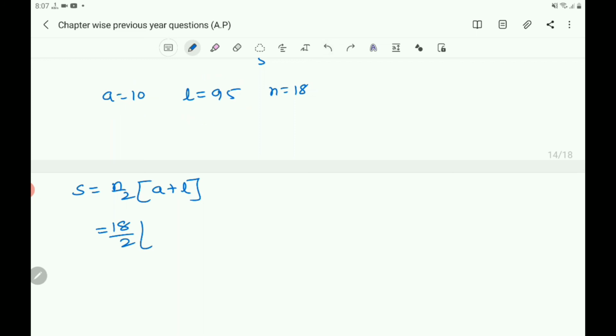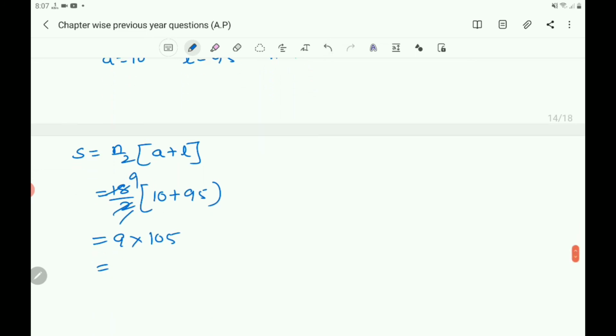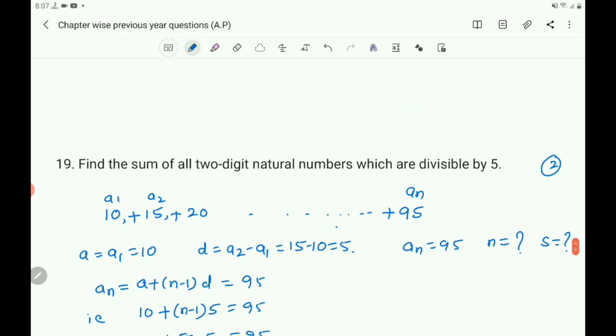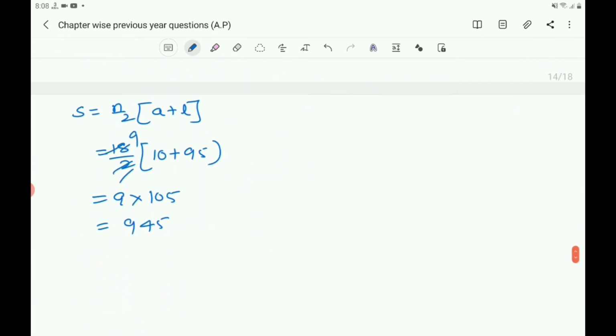So 10 plus 95, then 2 ones are 2, 2 nines are 18, 9 into 95 plus 10 is 105. And the product is, you know that 9 5s are 45, you will get 945. So here the sum of all 2-digit natural numbers which are divisible by 5 is 945.